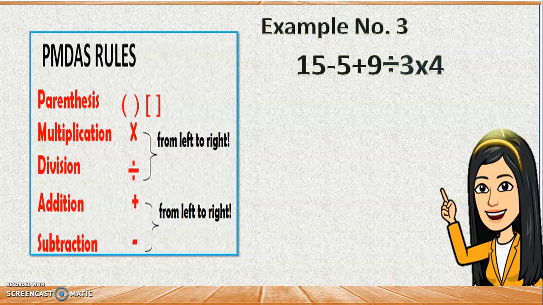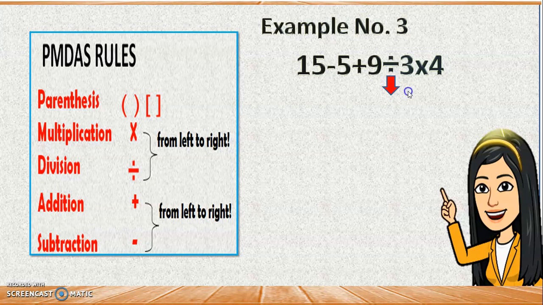Alin muna yung mauna? Yung multiplication and division ang mauna. But, you're going to check. Alin ba sa dalawa ang nasa left? Yung division ba o yung multiplication? Tama. Yung division. So, you're going to first divide.